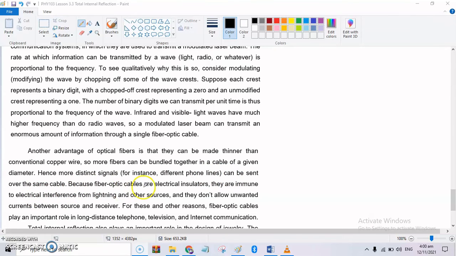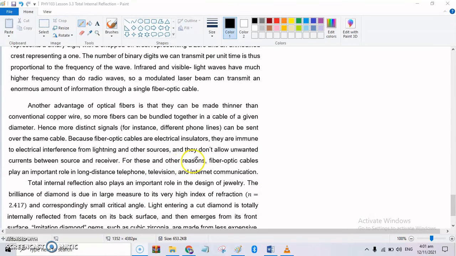Because fiber optic cables are electrical insulators, they are immune to electrical interference from lightning and other sources, and they don't allow unwanted currents between source and receiver. For these and other reasons, fiber optic cables play an important role in long-distance telephone, television, and internet communication.